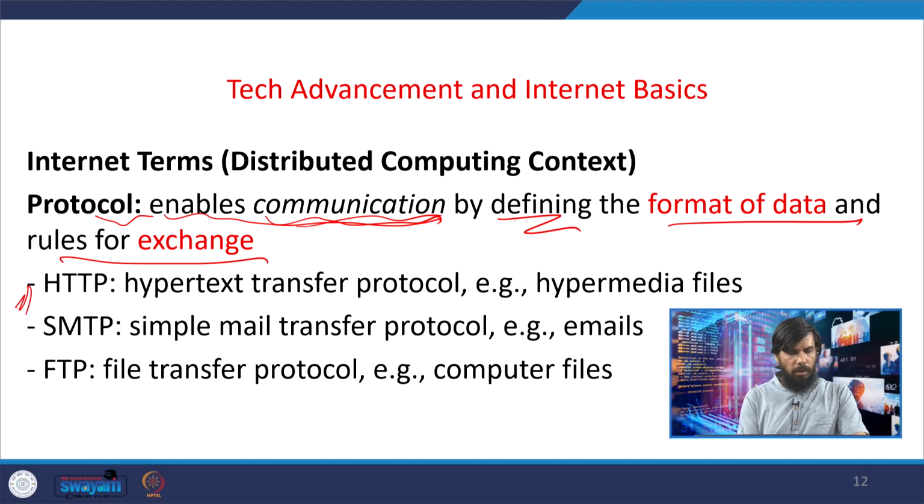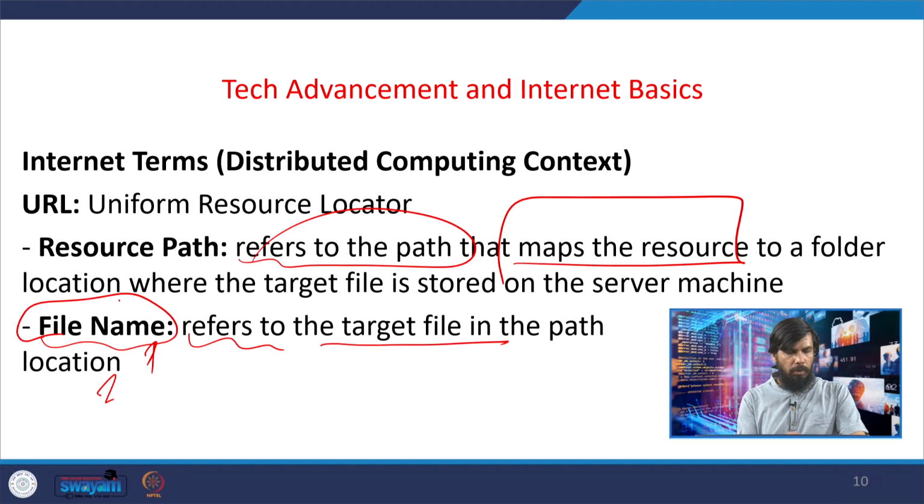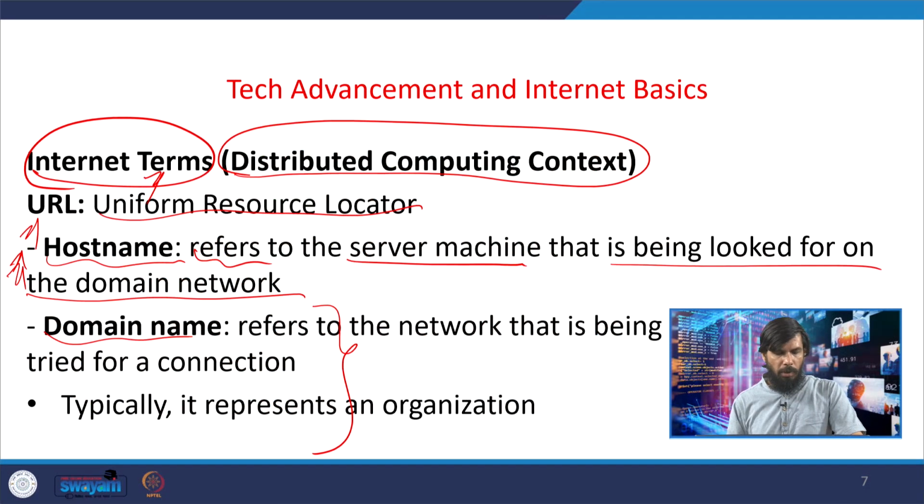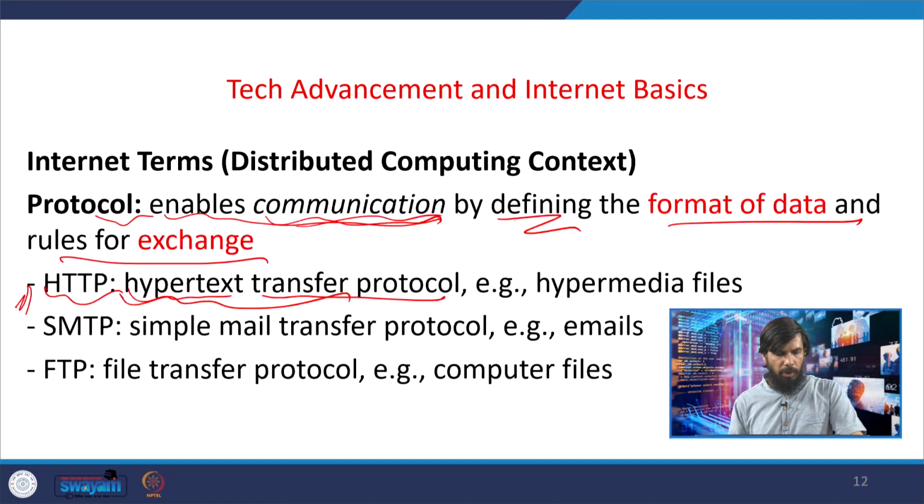HTTP, hypertext transfer protocol. What is the role of the hypertext transfer protocol? If you recall, the URL that we have used was actually a version of HTTPS, the secure version of HTTP. So this was the protocol that we were talking about in our URL example.